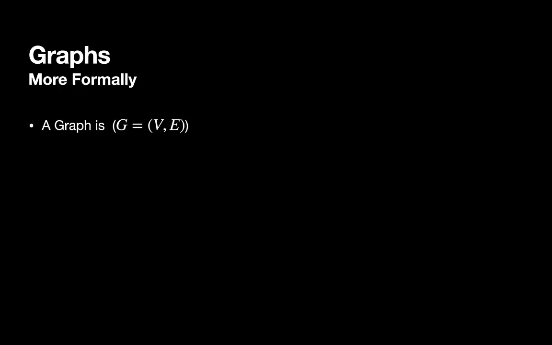Okay, so more formally, we can represent graphs with a mathematical notation. We can represent a graph G as a collection of 2 different things. One of those things is V, the set of vertices or nodes, and the other is E, the edges. By the way, notice that I said set of vertices.